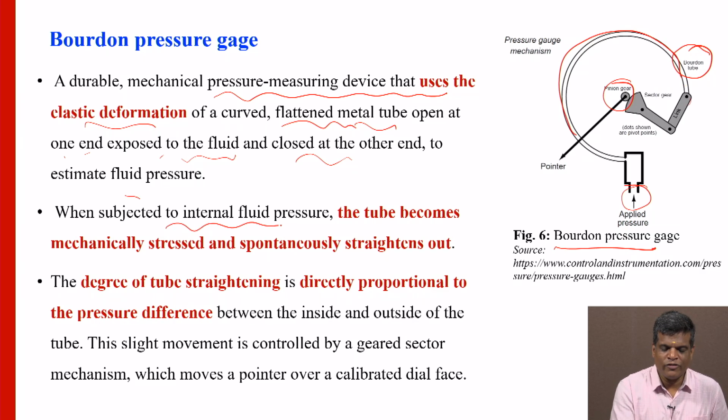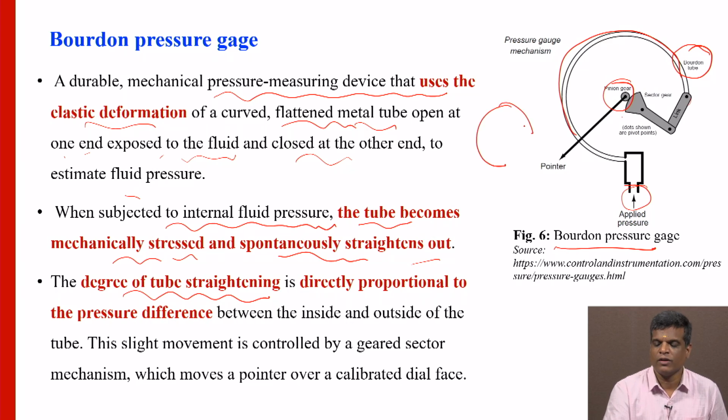So when subject to internal fluid pressure, the tube becomes mechanically stretched and spontaneously straightens out. When you increase the pressure, it automatically goes straight mechanically. If I want to measure the degree of the tube straightening, since it is a curved structure, it will try to move straight.